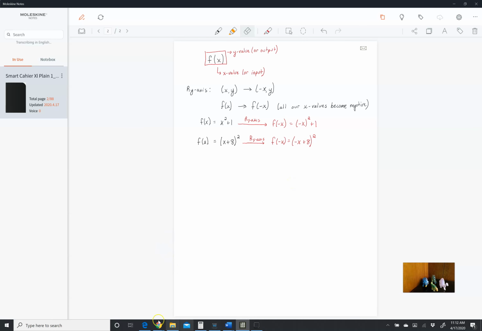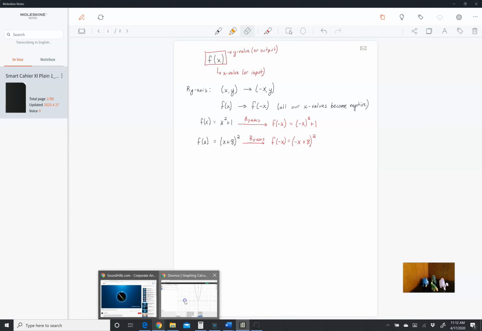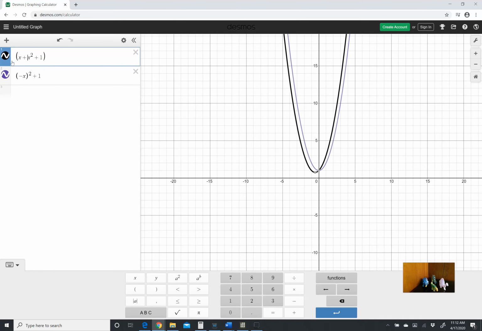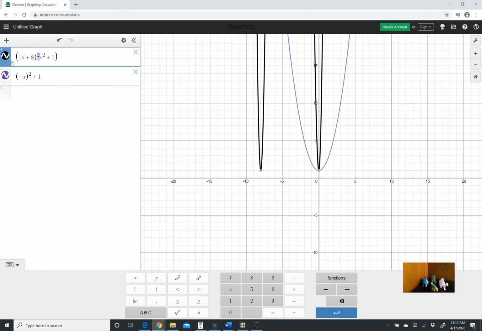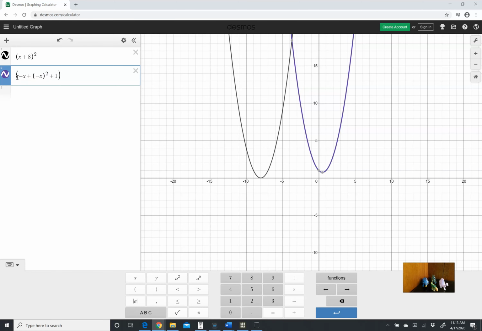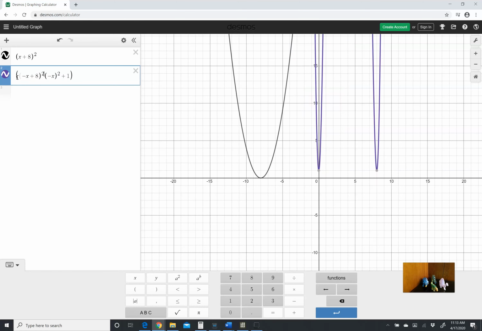Okay, so again, let's take a look at this graph. You're not going to see it right away. So you see it, so we have x plus 8, and let's change this. This becomes negative x plus 8 squared.